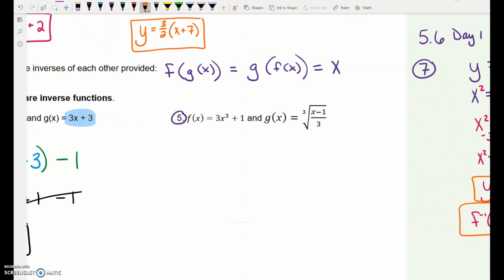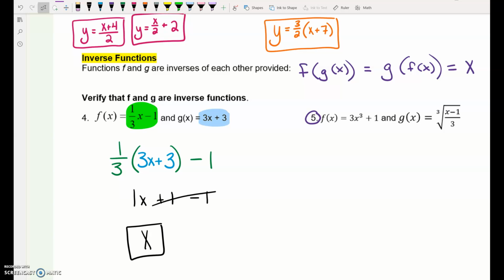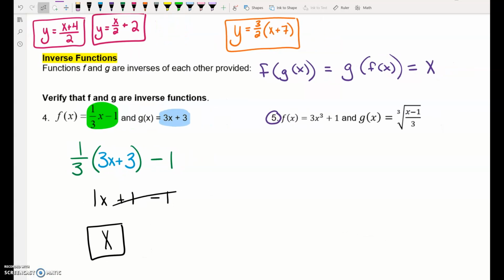Now looking back at our notes, we did number 4 in our notes together, verifying that f and g are inverses, and today we're going to do number 5, verify that f and g are inverses. So basically, to verify that they are inverses, you need to do f of g of x and verify that it will end up simplifying down to simply x. So f of x is 3 times something cubed plus 1.